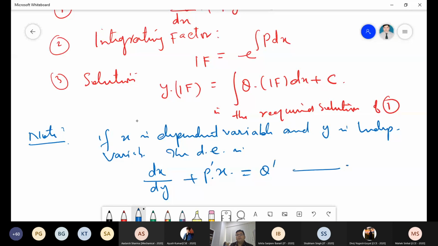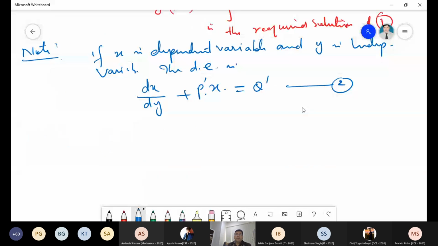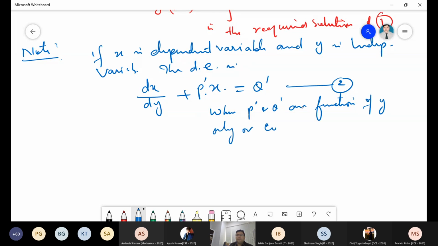Call this equation 2, where P dash and Q dash are functions of y only, or constants.